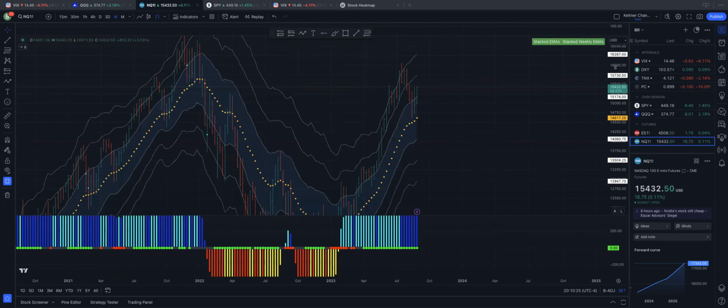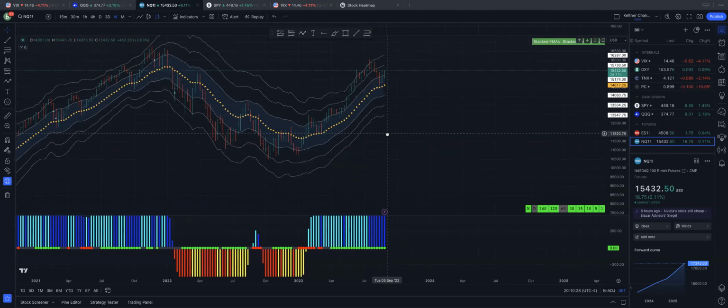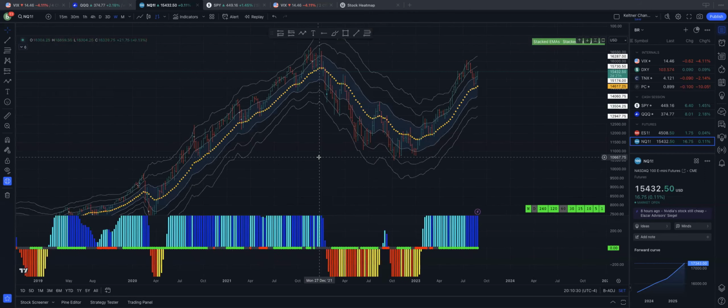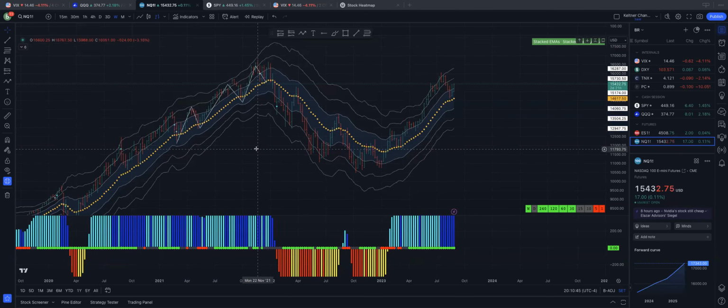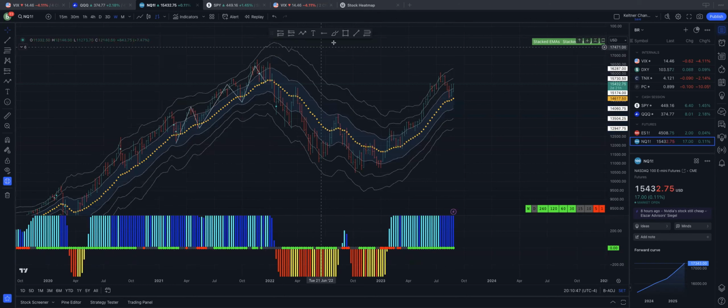Let's go look at the weekly time frame. Okay, weekly time frame. So we'll start back here before we got in this bear market, right? To the mean, 2 ATR, back to the mean, 2 ATR, back to the mean, 2 ATR, back to the mean. I can't see that, it's in my way. Oh, we didn't make it quite to 2 ATR there.